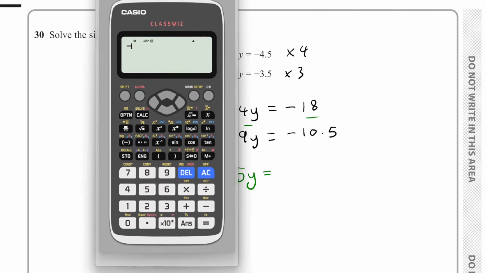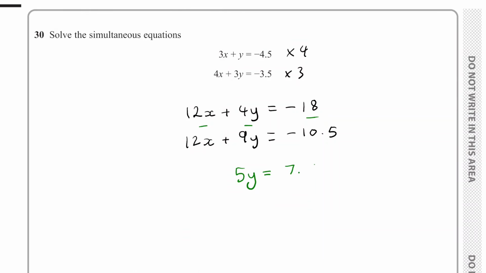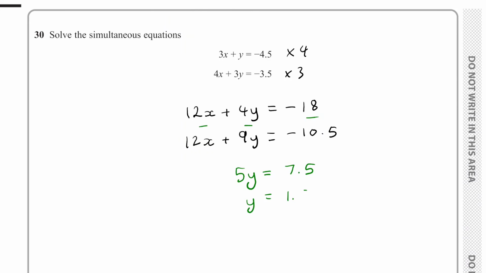When we take away a negative, we add. So that is 7.5. So 7.5 divided by 5 is 1.5. So y is 1.5. So we've got y.